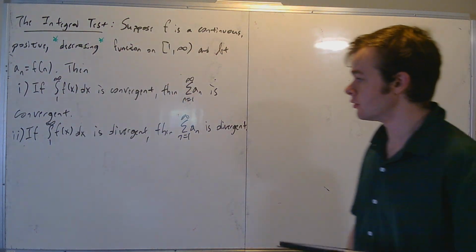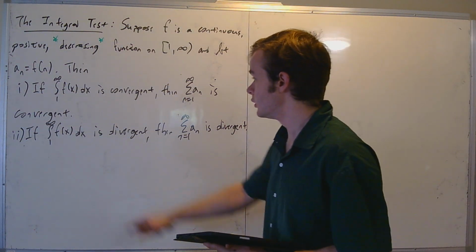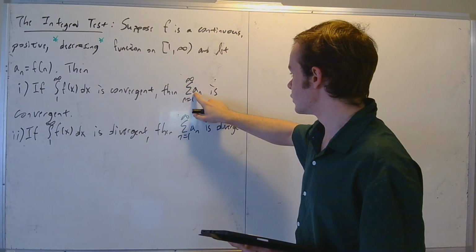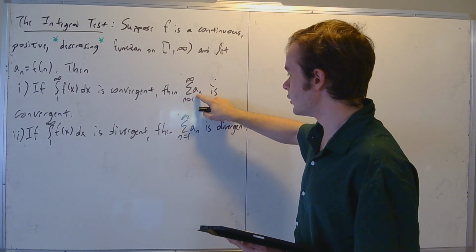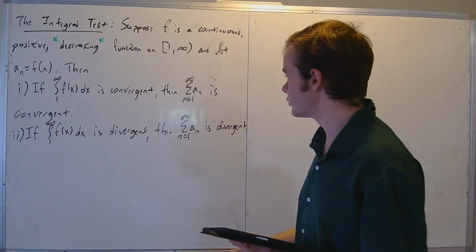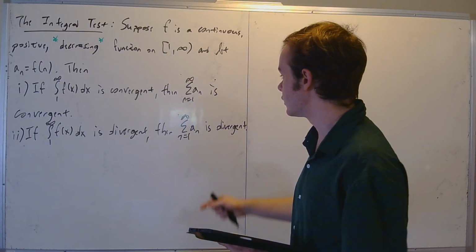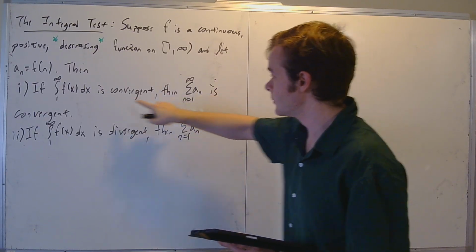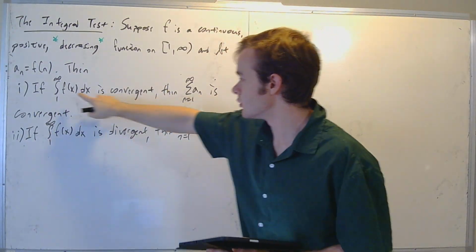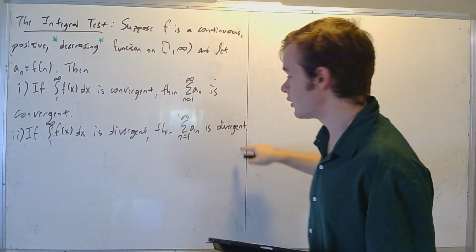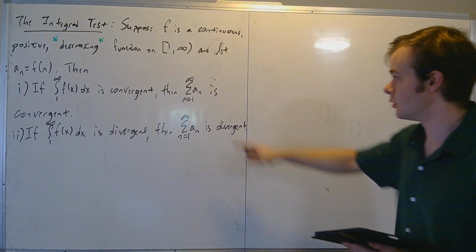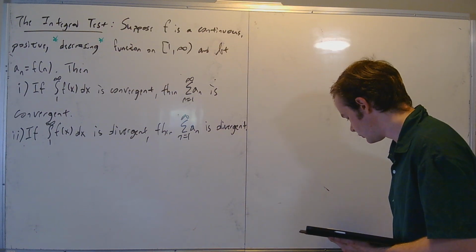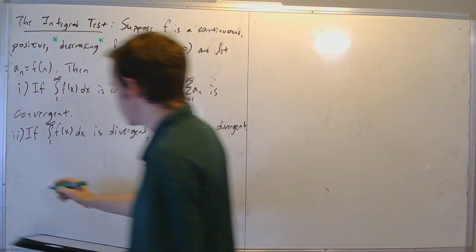So notice here this is a very powerful theorem because a lot of the times we'll be trying to find the sum where this is a very nice function that we actually know how to integrate. We have a lot of techniques for evaluating integrals. So if we can actually take the integral of this part here, where we replace the n with an x, then we can just say exactly whether our sum is either convergent or divergent. So it's very useful. And I'll just make one note here.